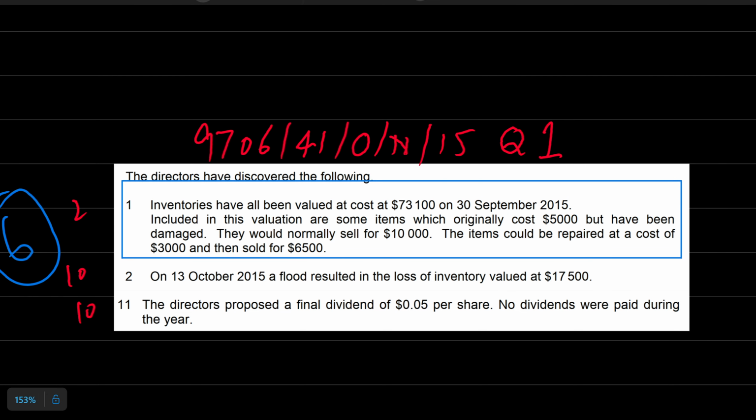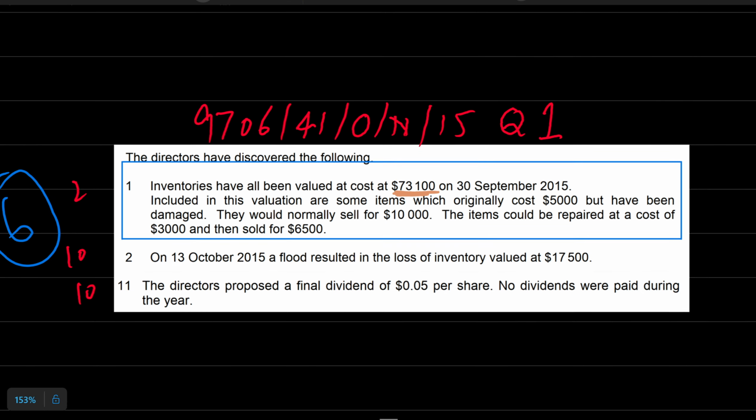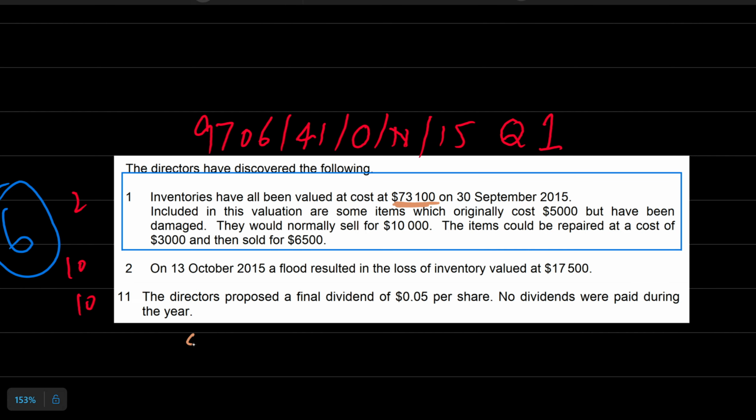This is from October-November 2015. Inventories have all been valued at 73,100. So this is the total value of the inventory. Included in this valuation are some items which originally cost 5,000. So the cost is 5,000 but have been damaged.